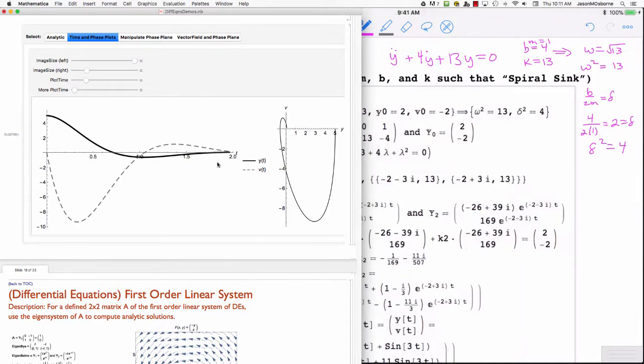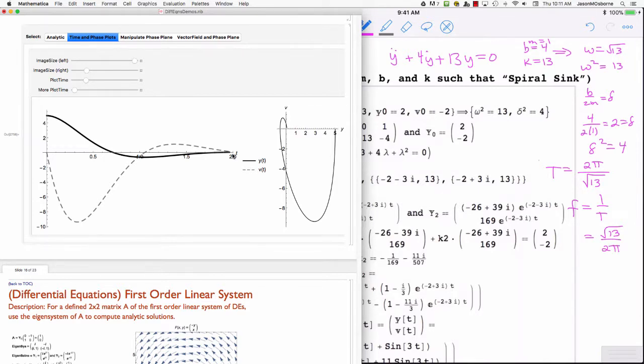We're getting e to the -2t in front. If you could see the peak-to-peak times, the period would be 2 pi divided by omega, which is the square root of 13, and the natural frequency f would be 1 over the period, which would be the square root of 13 over 2 pi.